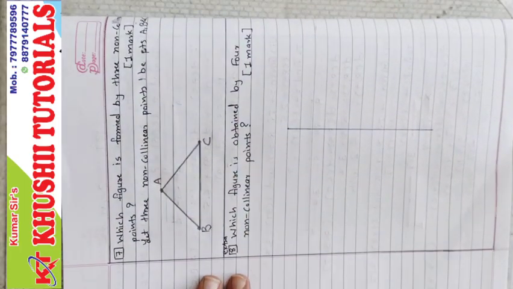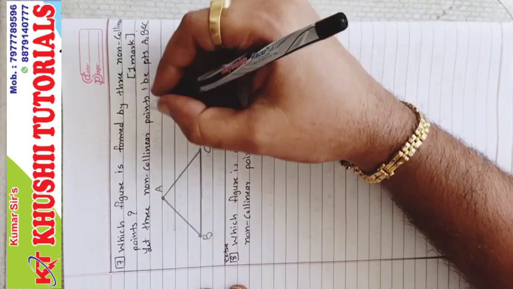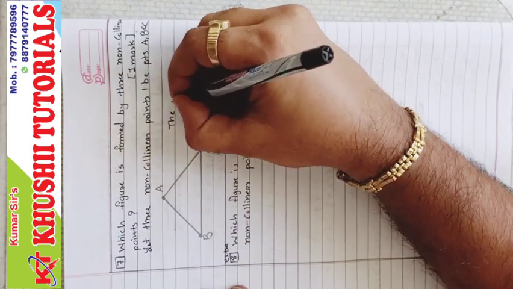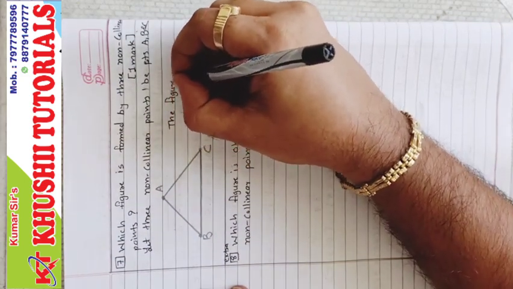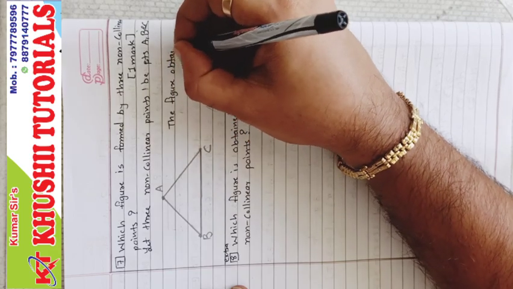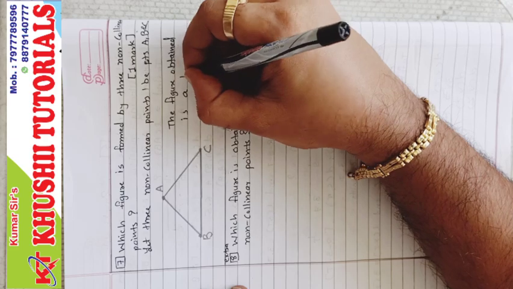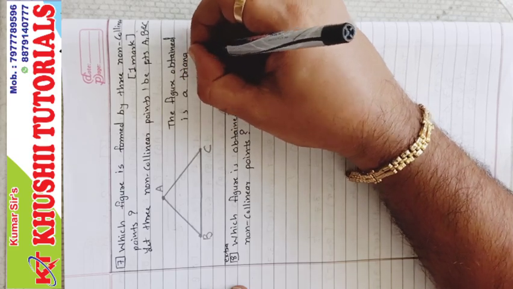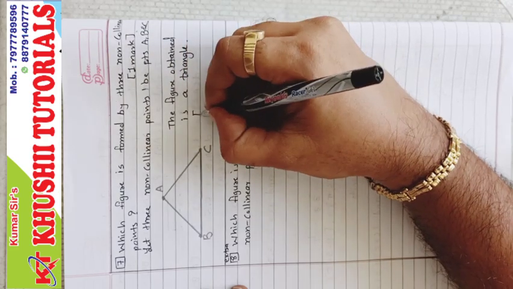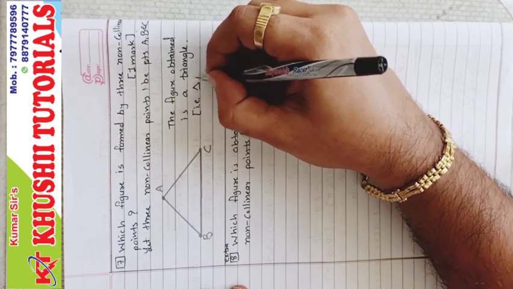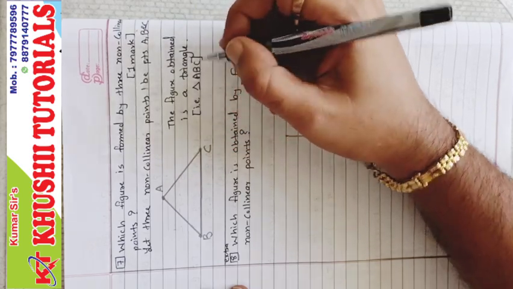Which figure can we draw? We can draw a triangle. So a triangle can be drawn. The figure obtained is a triangle, that is triangle ABC. The name also.